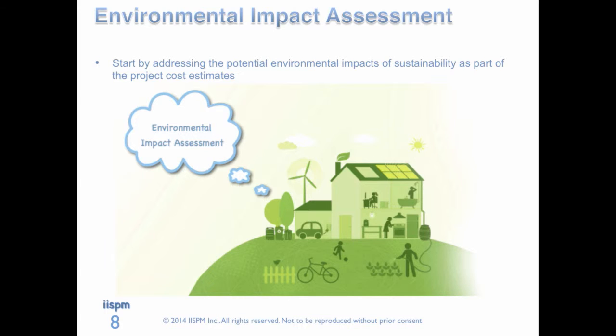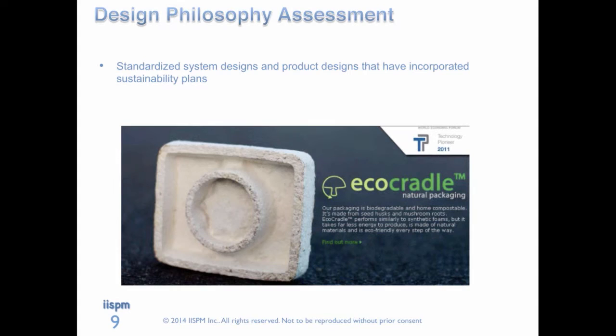So we can take anything and everything that we touch and we do and look at how that impacts the environment in one way, shape, or form. And it changes the requirements for the project, it changes our perspective on the project, and it changes the way we do business.